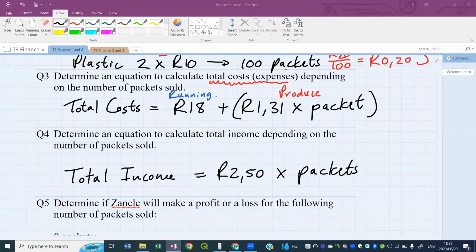But Zanele comes to you and says, listen, I just want to make profit. Well, unfortunately, Zanele doesn't understand that when you run a business, this thing called running costs is hard to quantify. Okay, it's not a per packet cost.